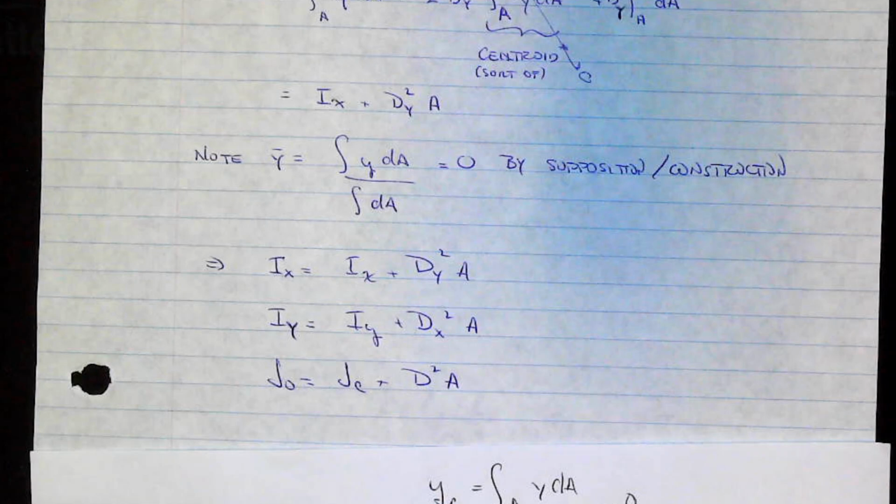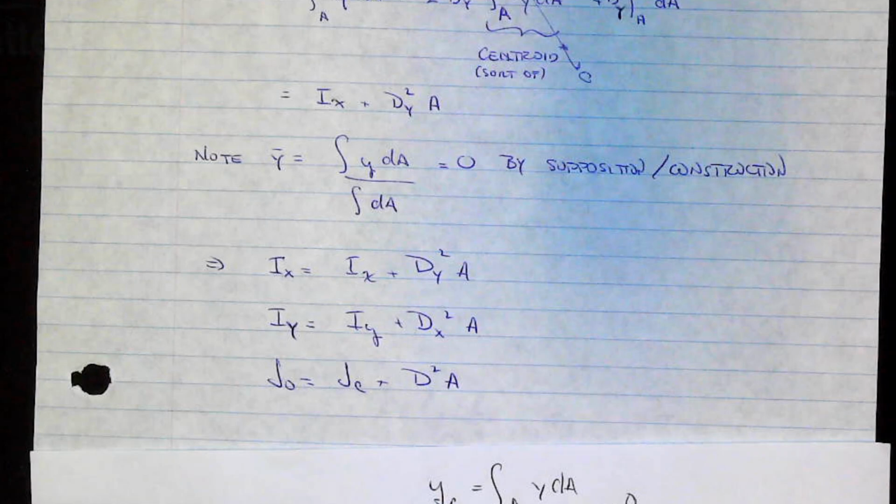We can go from this, which was at the centroid, to any other parallel axis. It's simply dy, the distance y to get to the new axis, squared times area. Relative to y, we can go from the I little y, which is at the centroid, a distance x squared times A to get to another y-axis.